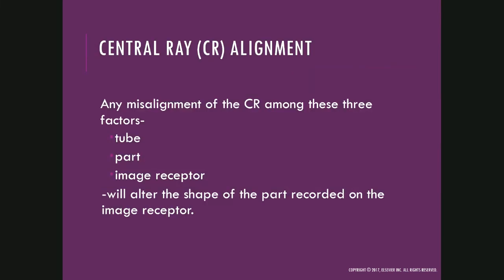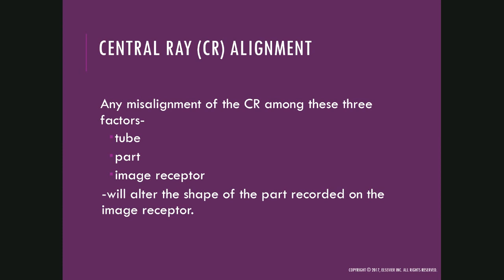All right, central ray alignment. We talked about this before when we talked about shape distortion. Remember that magnification is size distortion, but central ray alignment has to do with shape distortion. And that happens whenever you have misalignment of one of 3 things, either the tube, the part, or the image receptor.